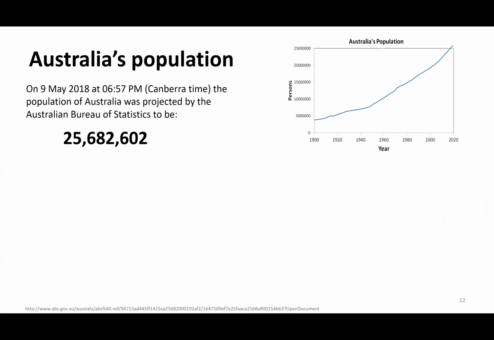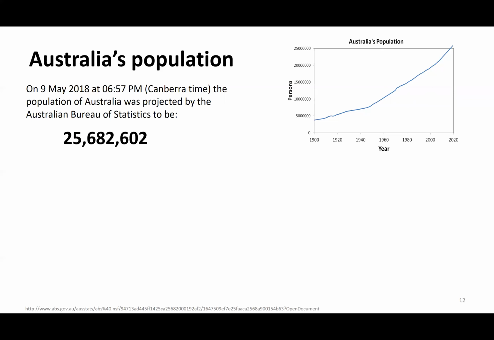Okay, so we're going to take this little exercise of thinking about reservoir sizes and fluxes in a slightly different way. You could do this with your bank account, for example, but we're going to do it with Australia's population.